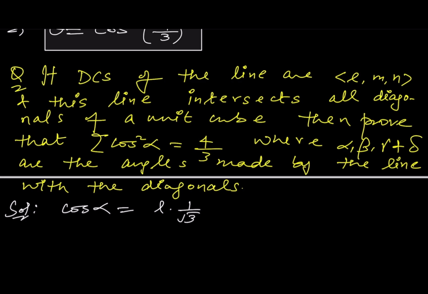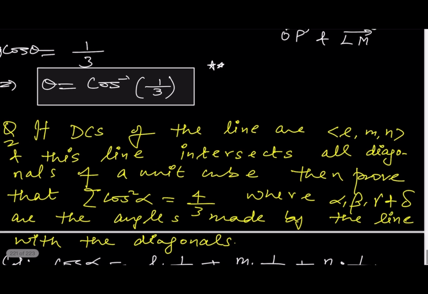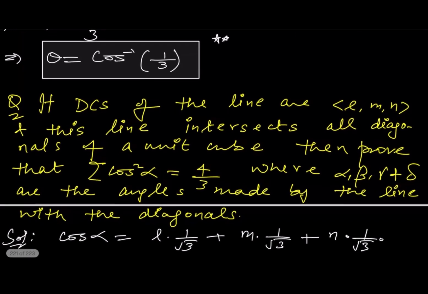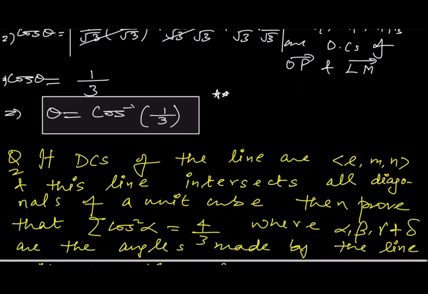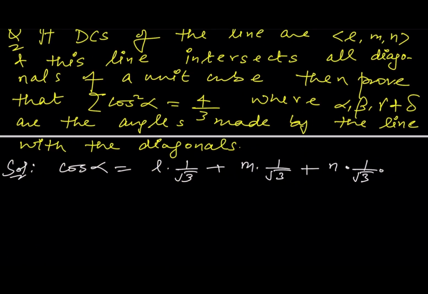3 plus M into 1 by root 3 plus N into 1 by root 3. The first body diagonal is the OP vector, and with the OP vector that line is making an angle alpha.